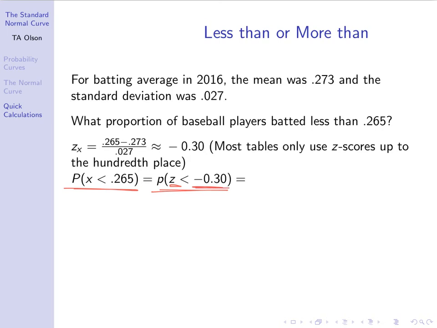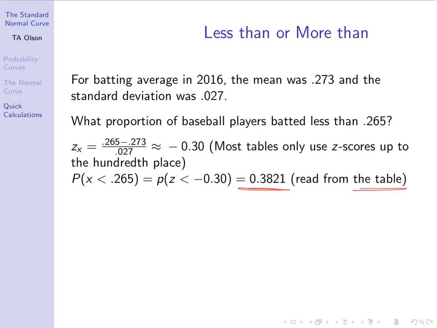Okay? Now, we go to the table, we can use a calculator, and what we get is the following. Right? We get a value of 0.3821, right? So about 38.21% of the players batted less than 265 in this data set. In this case, I read this from the table in the back of the book. Most of them are pretty similar.